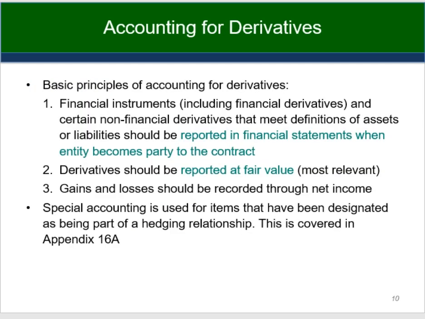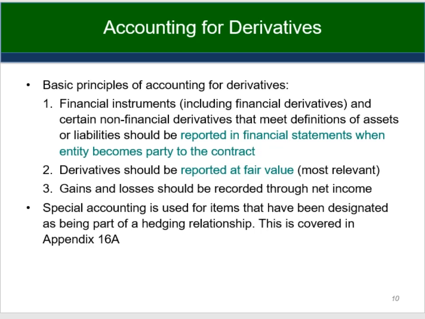Okay, so accounting for derivatives. A few of the things that we should talk about, we've talked about before. In 353, we've talked about executory contracts, and derivatives are very similar to executory contracts, and so in some situations you can view derivatives as executory contracts.